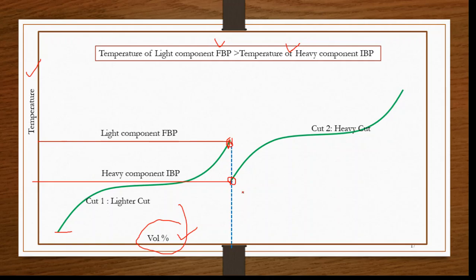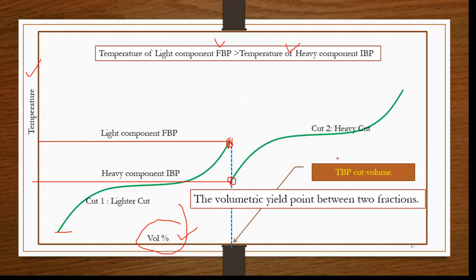That is the important thing here, and this term is known as the TBP cut volume, and it is the same for both. That you have to understand. It is a volumetric yield point between the two fractions, fraction 1, that is cut 1, and fraction 2, that is cut 2. So the TBP cut volume is the value at which the first cut is ended, completed, and the second cut is started.